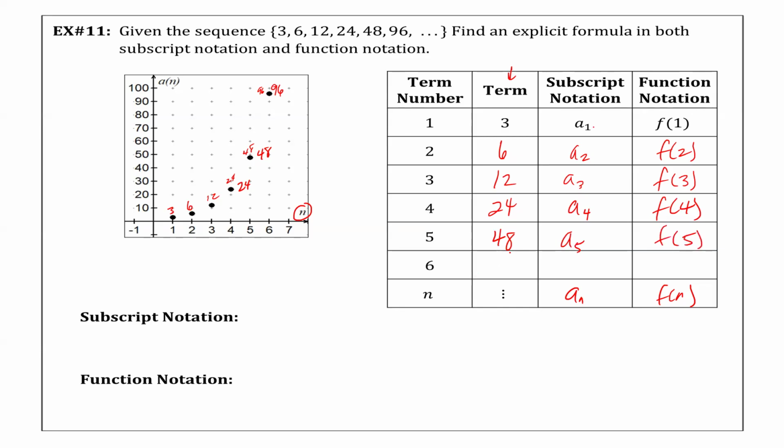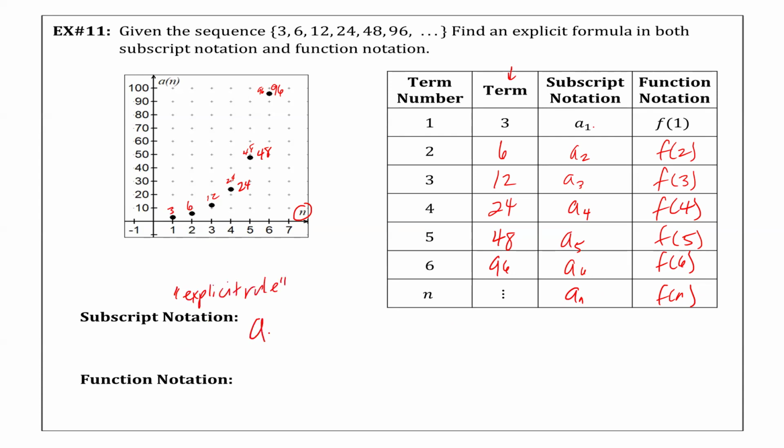I know this sounds repetitive, but it's to make sure that you understand that explicit rule and function notation are essentially the same. Have we accepted that as true? All right, so our subscript notation is the same thing as an explicit rule. What is our explicit rule that we're following?